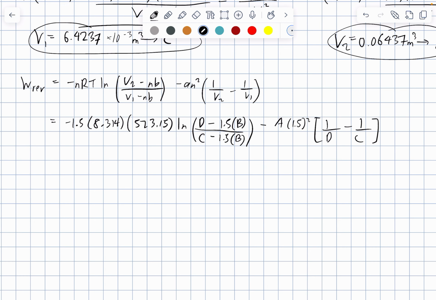We can now plug this in the calculator. Negative 1.5 times 8.314 times 523.15 times ln. The reason why we are storing values is to reduce the risk of mistyping, no? It simplifies the work, basically, if we do this.